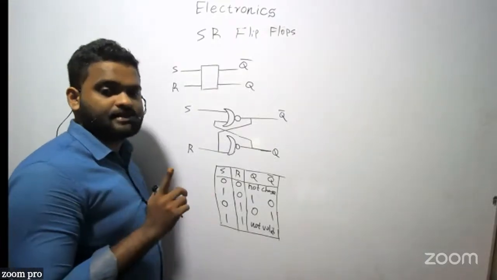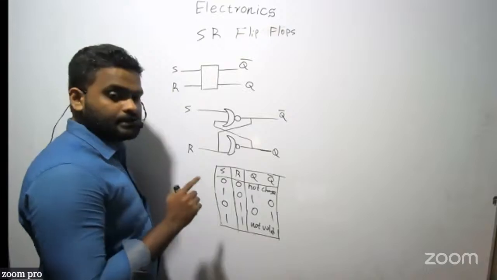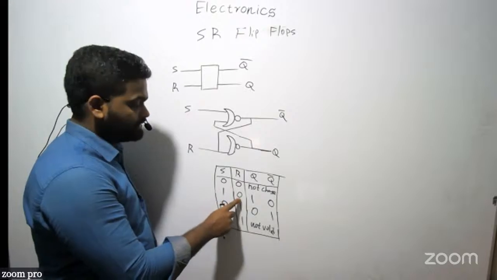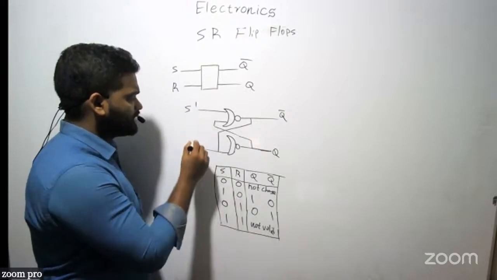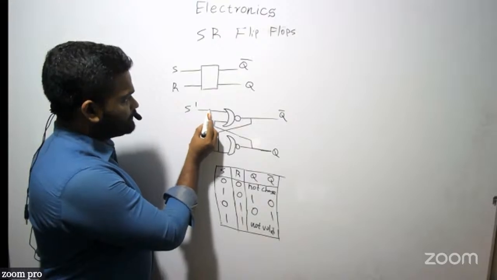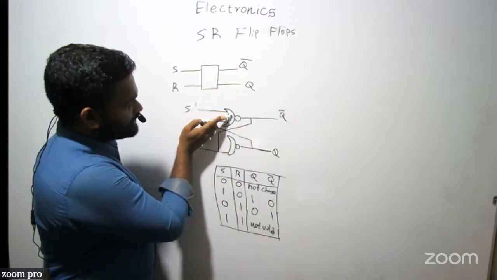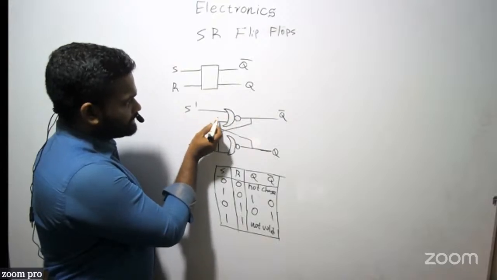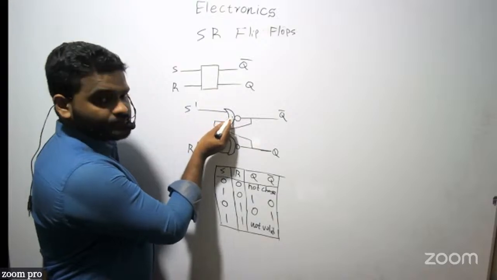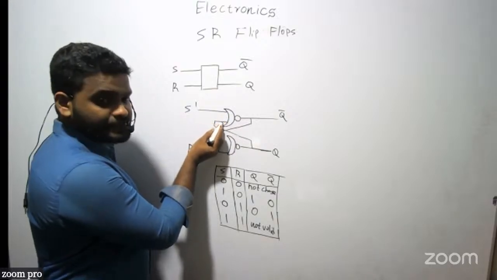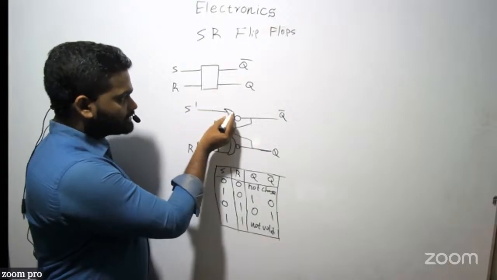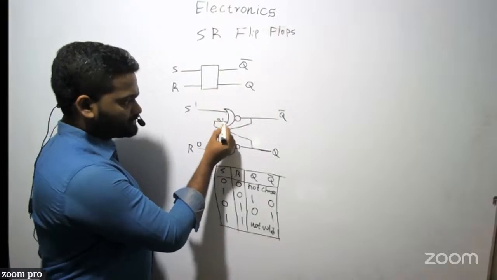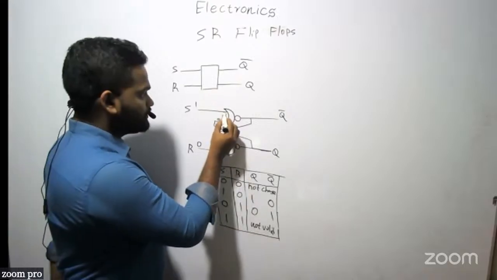Actually, we can check this, right? Let's say you get 1 here, then 0 here. S is 1, R is 0. If you get a 1 at a NOR gate input, you are going to get a 0 out of it, regardless of the other input, which could be 0 or 1.